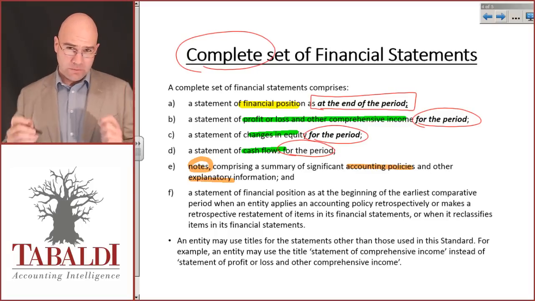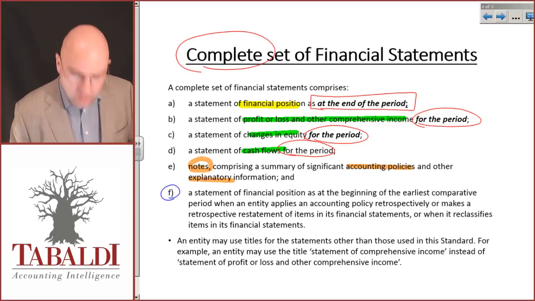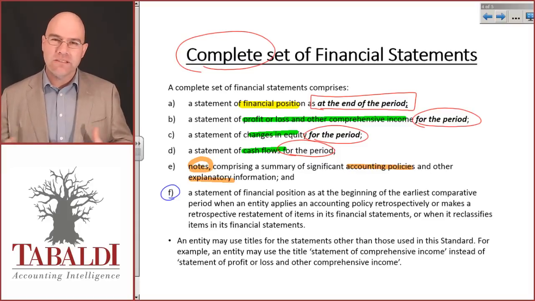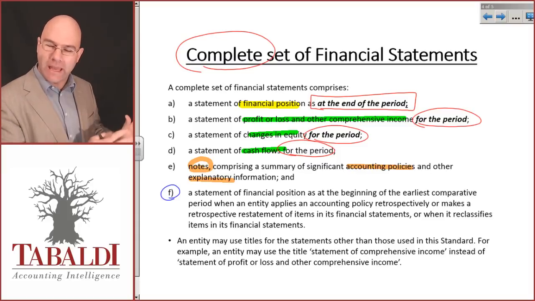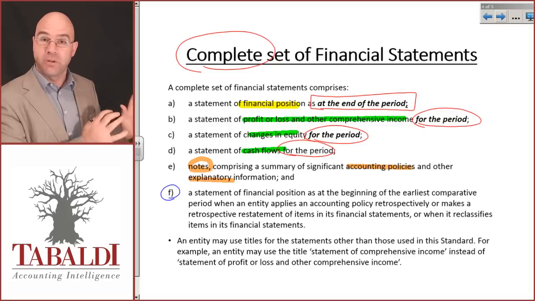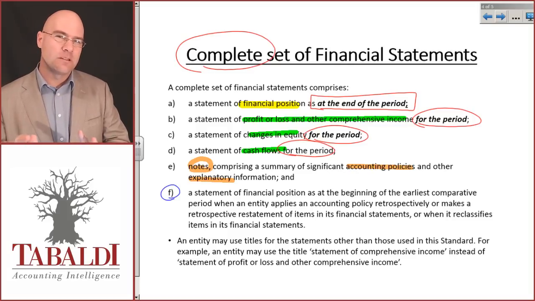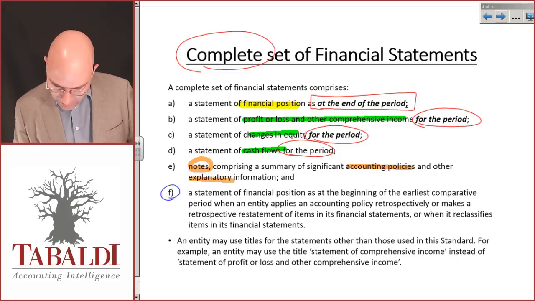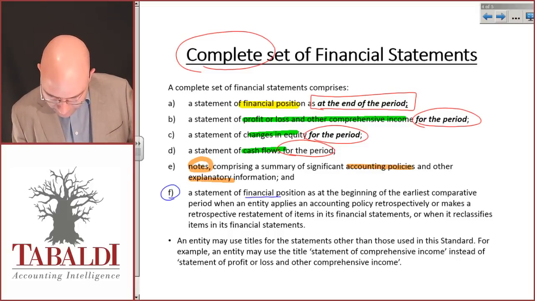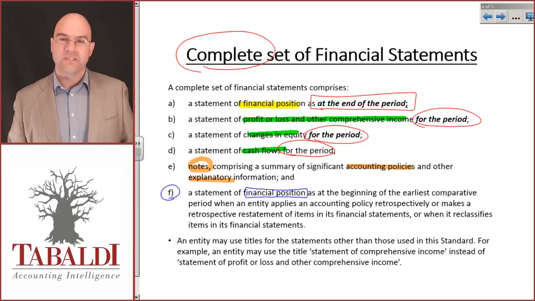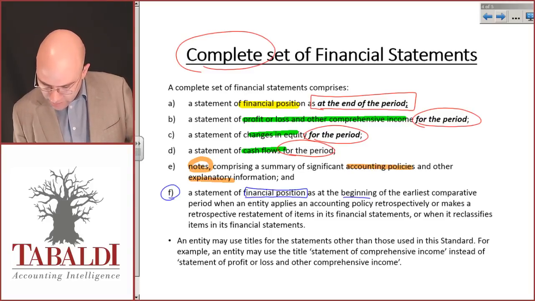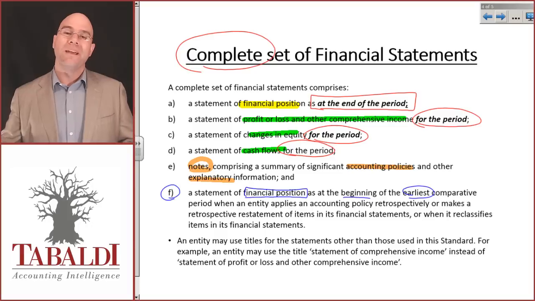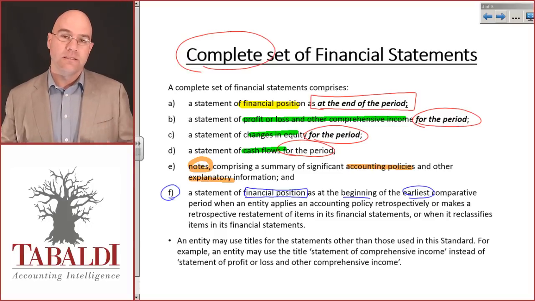One thing which often people forget is that whenever I have to change an accounting policy or make changes that go back into previous periods, we have an accounting standard which helps us with that specific issue, IAS 8, but you will also need to have a statement of financial position at the beginning of the earliest comparative period when a new accounting policy is changed.